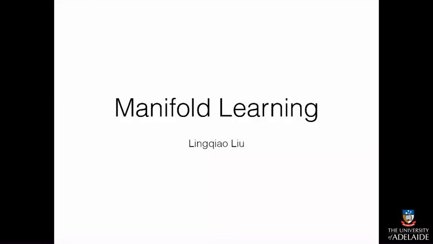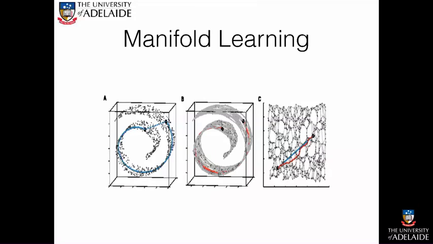But more importantly, in real-world data sets, the underlying manifold can usually be nonlinear. Here I show you an example. Let's say we have 3D data points like this, and somehow we unfold them into the third plot.